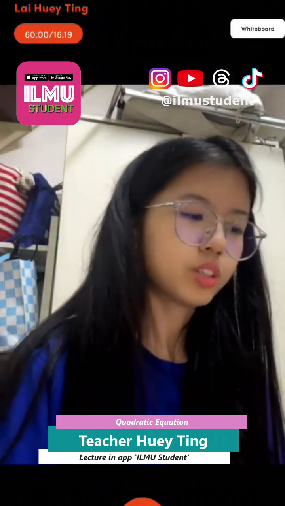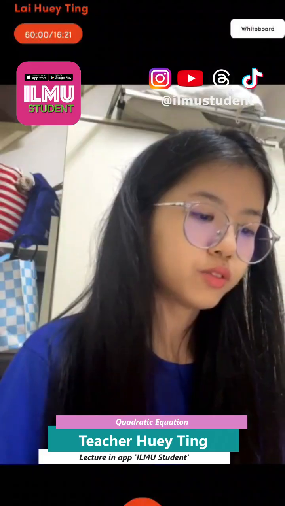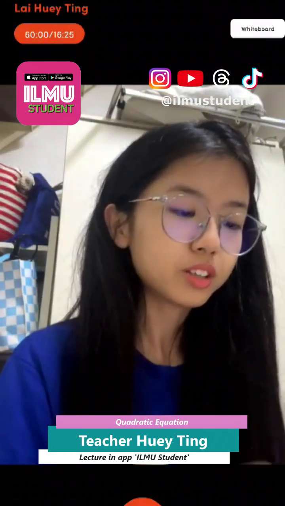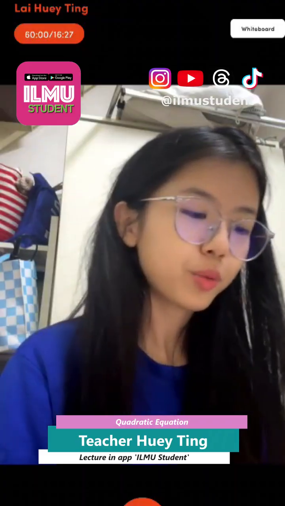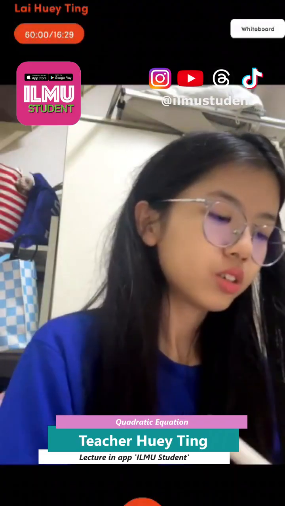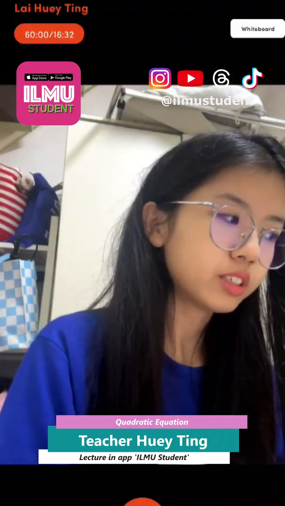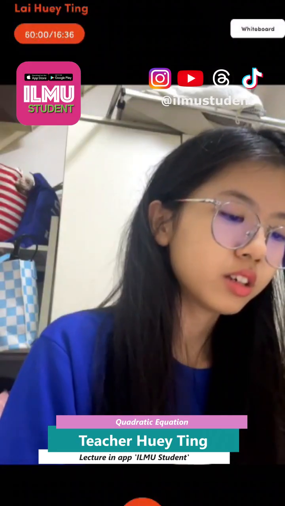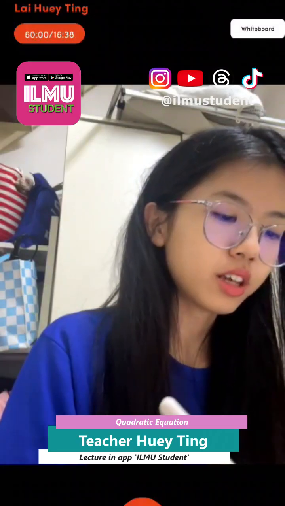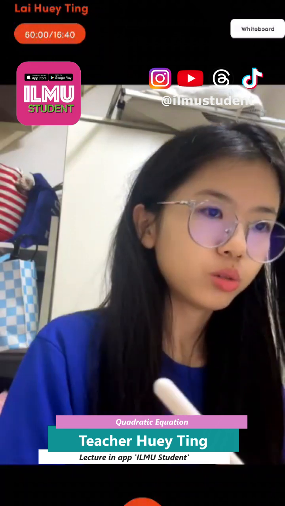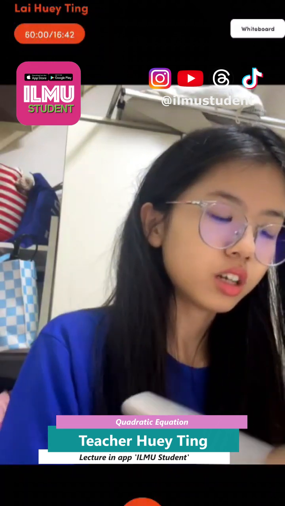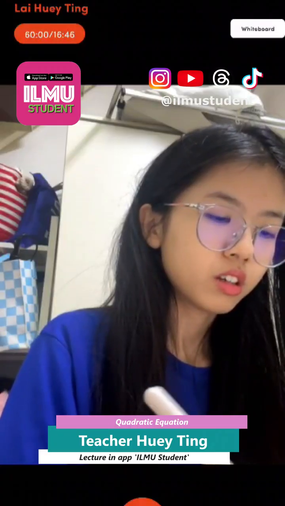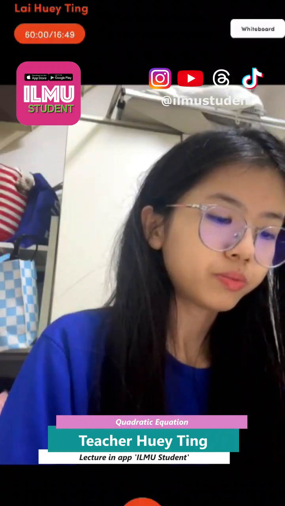Okay, for the last question, it is negative 3x squared plus mx equal to 13 plus 4x. So we have to arrange it, similar to before: negative 3x squared minus 4x plus mx minus 13 equal to 0.